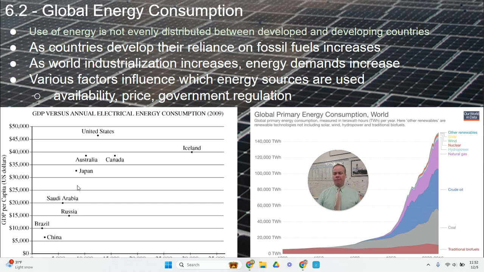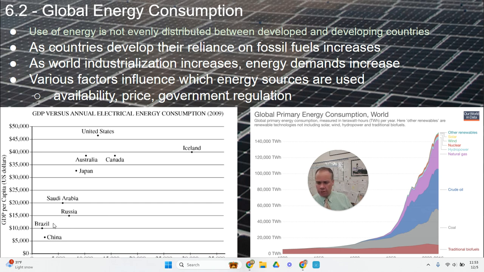And so if we look at this graph in the lower left, what we see is a graph that shows what I was just mentioning about economic development and energy use. So this is GDP here on the y-axis, which is generally oftentimes used as a measure of economic development in a country. And on the lower axis, we have energy consumption. So we see that the US, for example, has a high GDP and relatively high energy use.